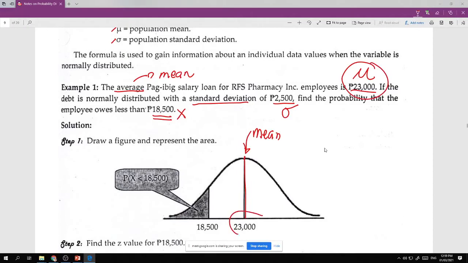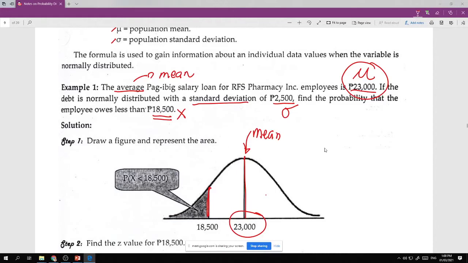Where is 18,500? It is smaller than 23,000. The values here are more than 23,000, and the values here are less than 23,000.